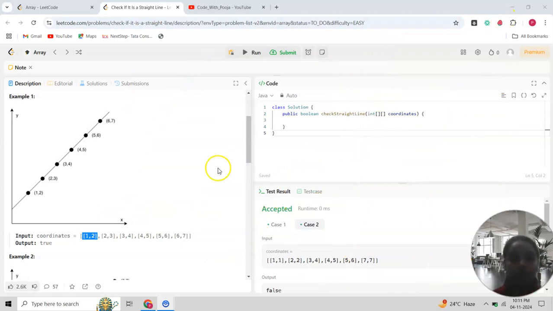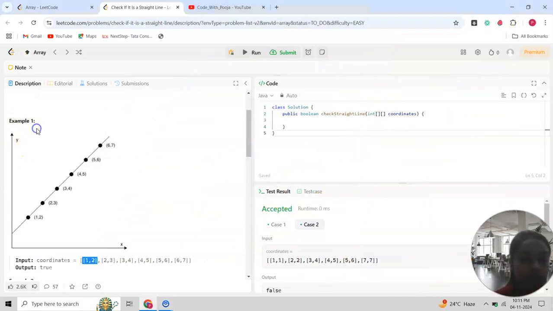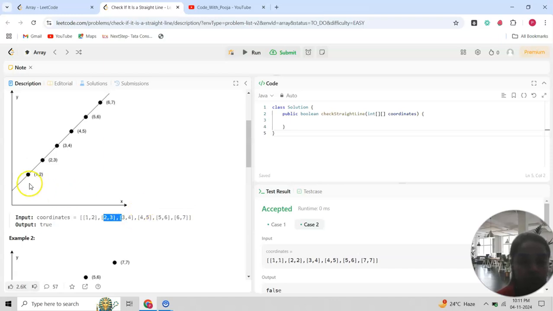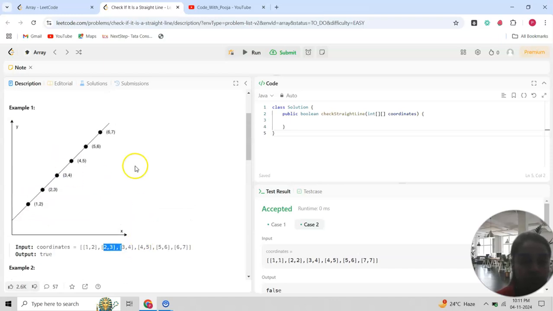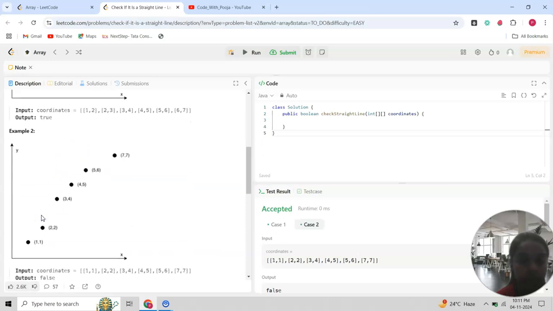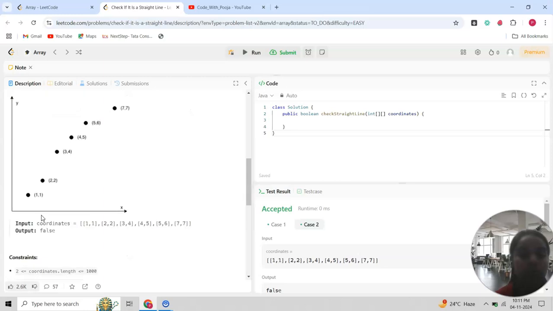In example one, the coordinates are [1,2], [2,3], [3,4] and [4,5]. These coordinates lie on one line, so the output will be true. Similarly, I just explained the prior example: one point is lying here, another here, and another there.